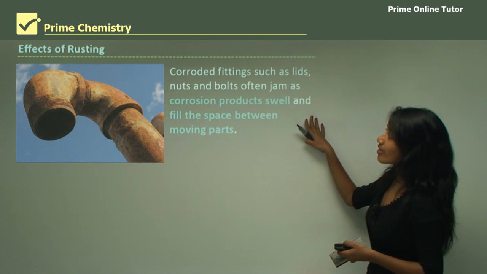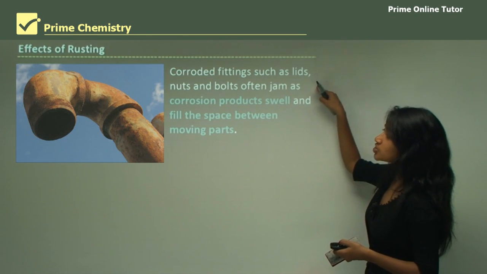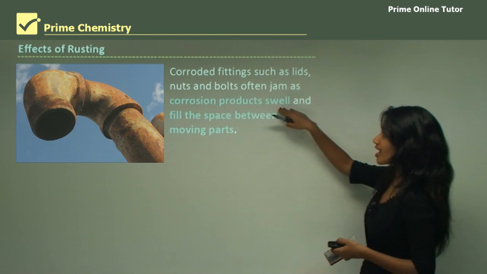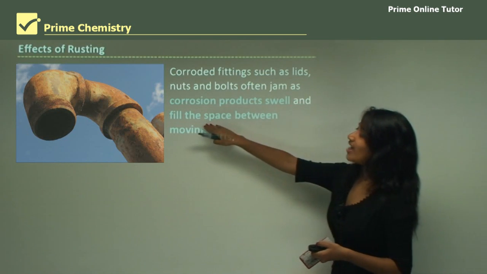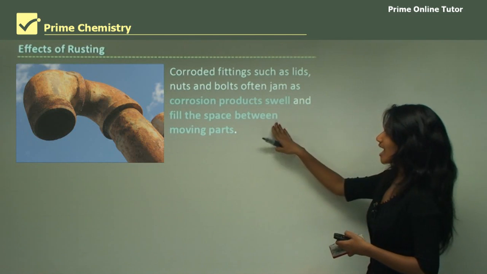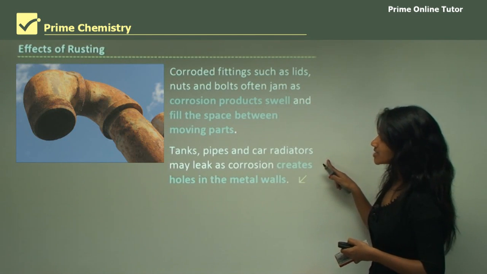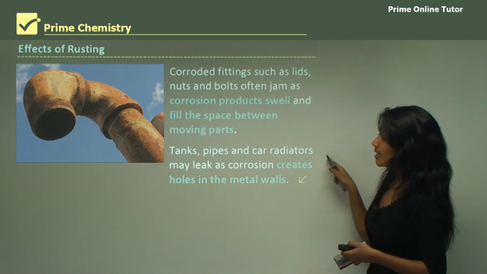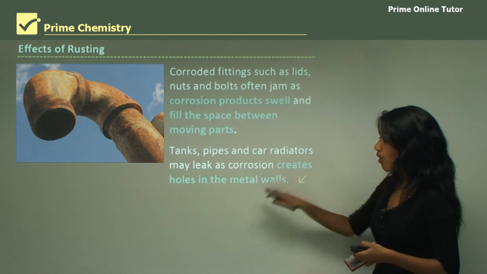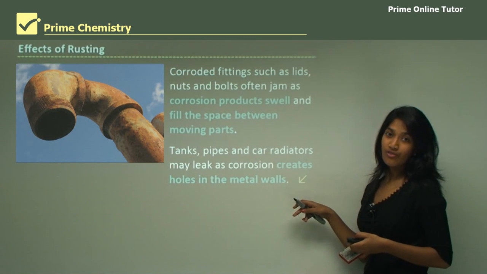It also corrodes fittings such as lids, nuts and bolts, often jamming them, as the corrosion products swell and fill the place between the two parts. Also, tanks, pipes and car radiators may leak as corrosion creates holes in the metal walls. So these are some effects of corrosion.